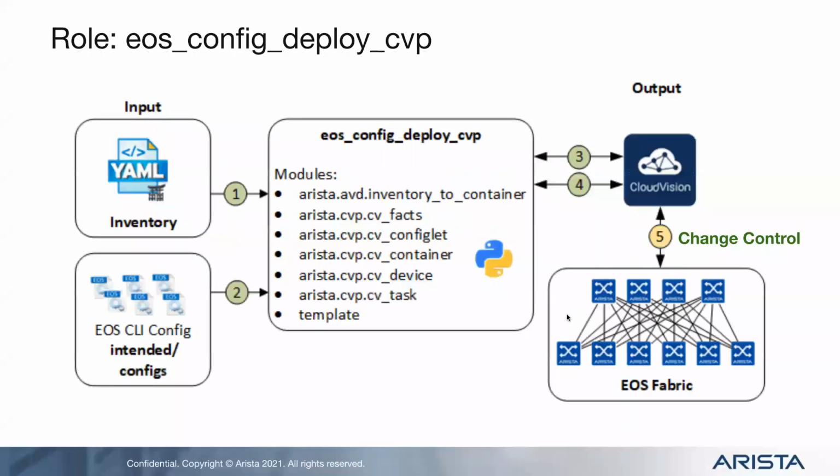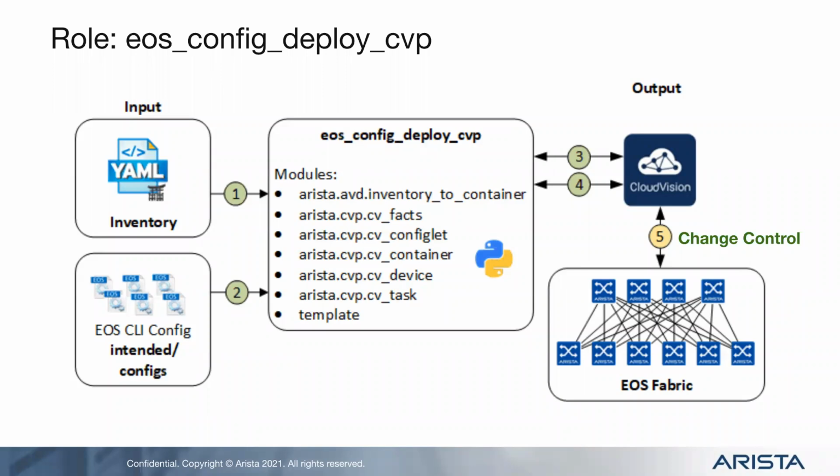When we look at the EOS deployment, that's going to be a slightly different workflow. In this one, we're going to start by reading your inventory to get details for where CVP is, how to talk to it, all that goodness. And then we're going to grab your EOS config files as previously. We'll push into the devices here. What we're going to do is use these modules under the hood to go and build per device configlets and then map them to your devices.